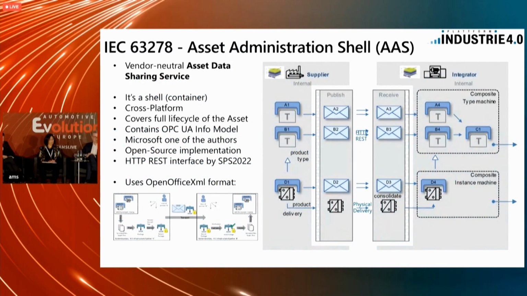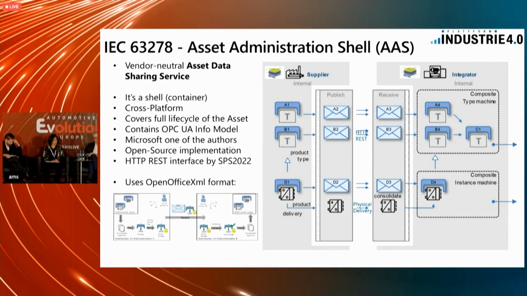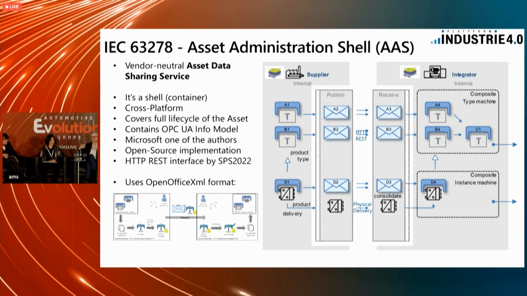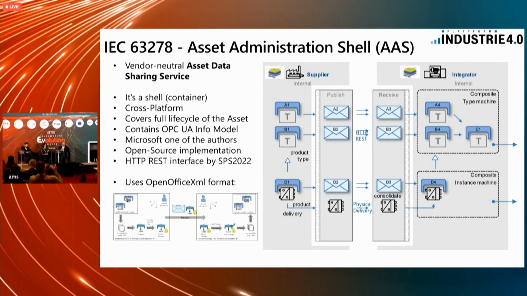The asset admin shell will also solve things like the digital product passport, which will be legislation in Europe in the next few years. It'll be built into the battery passport, which is the first part of this legislation. So if you need a standardized approach to report on data from your supply chain, the asset admin shell is made for it.